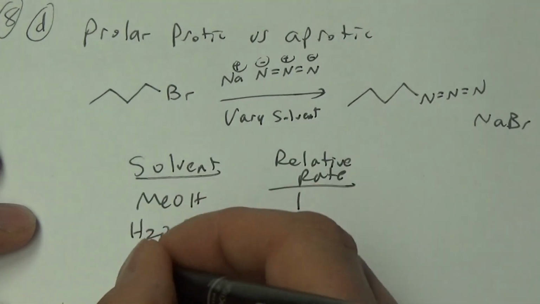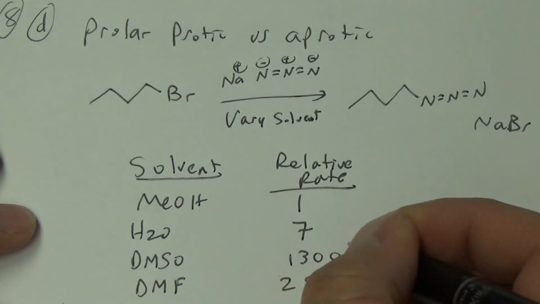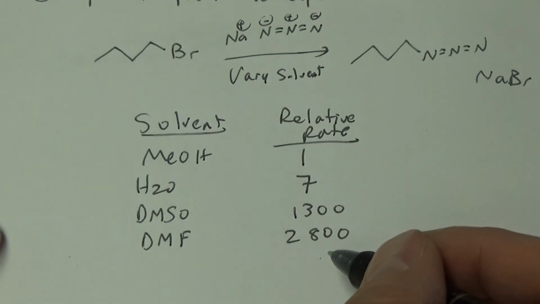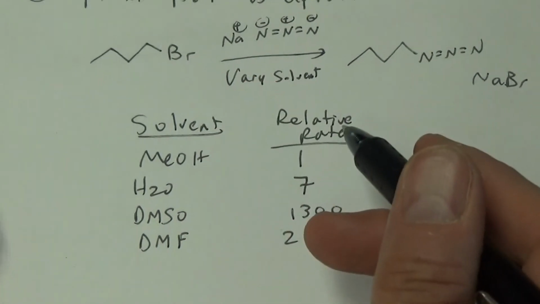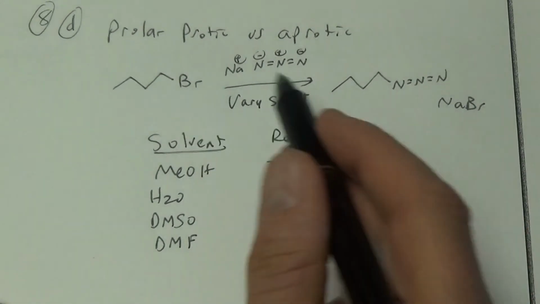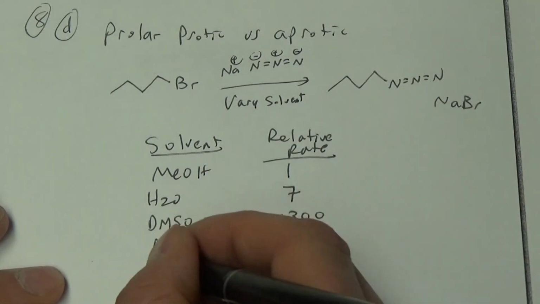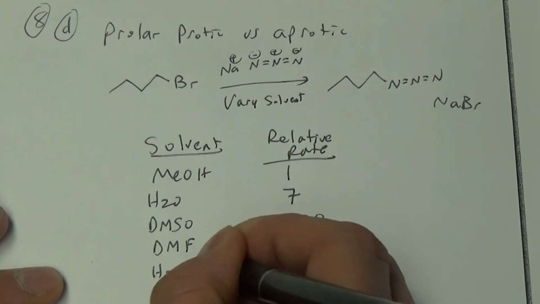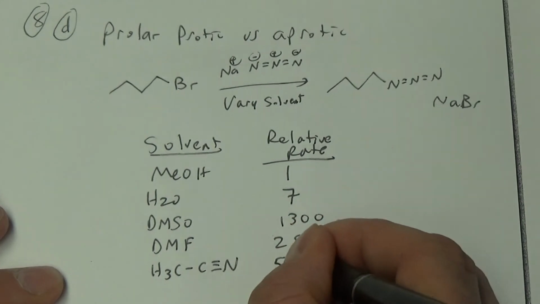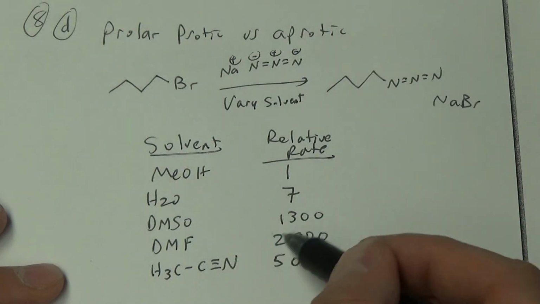DMF is 2800, so not as substantially faster as in the other reaction. Surprising, it's not 1.2 million times faster. There are some differences here, though. It's primary versus methyl. In this case, the winner was acetonitrile, another one, at 5000. These are all polar aprotic.